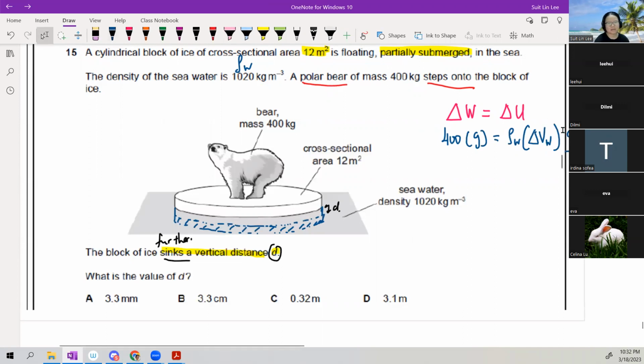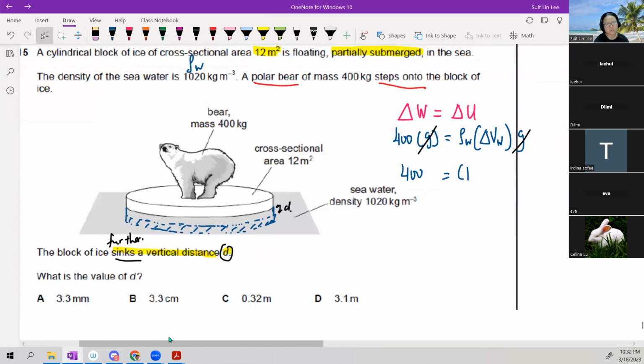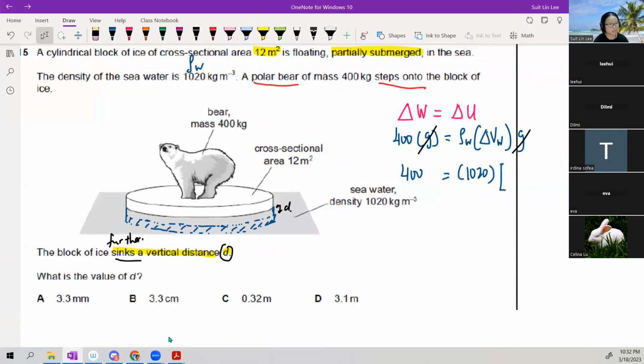Regardless, I can cancel the g. So on one side, I'll have 400. On the other side, the density of seawater is 1020. And the change in volume will be the cross-sectional area multiplied by this further sinking distance d.